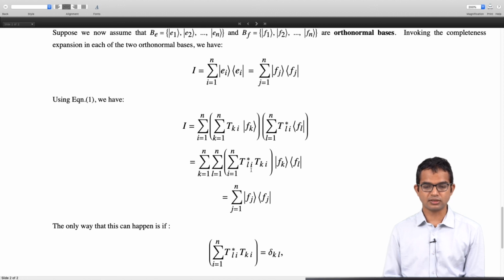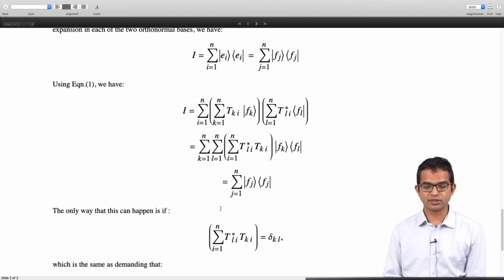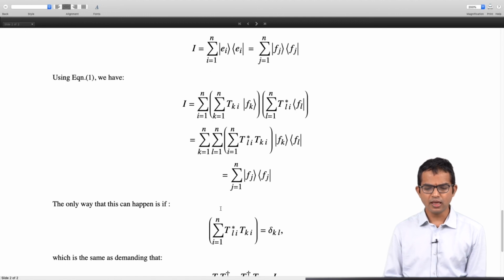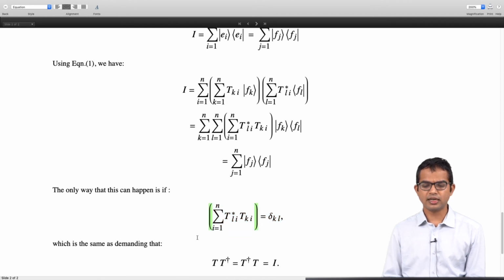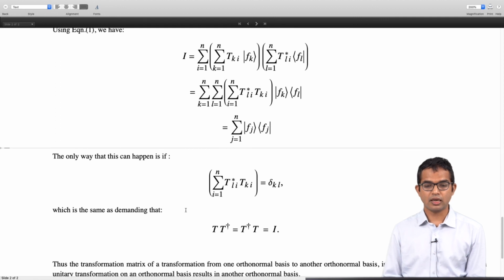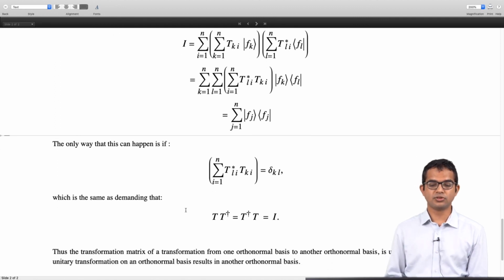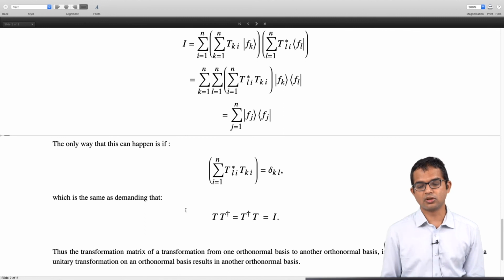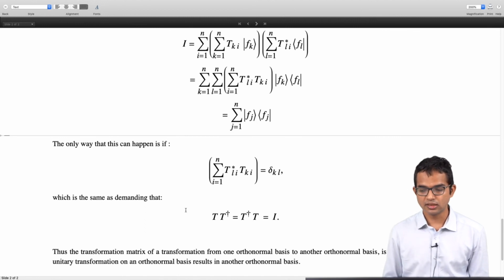That's the condition that is imposed upon these transformation matrices. But if you look at this carefully, this is the same thing as saying that T times T dagger is equal to T dagger times T is equal to I. This is just the same as a condition for this T to be a unitary matrix. So a transformation that takes you from one orthonormal basis to another orthonormal basis is unitary.